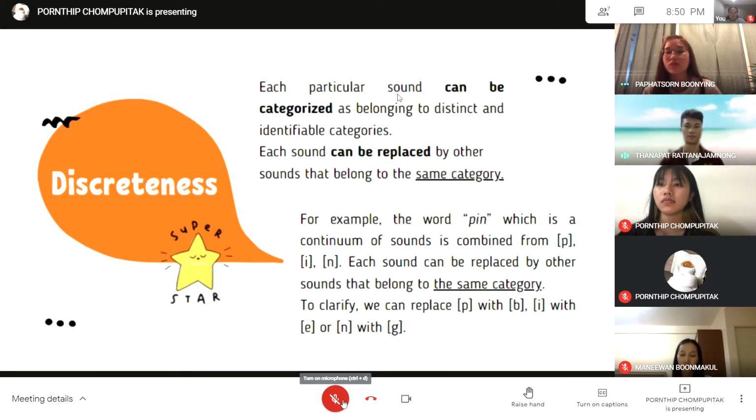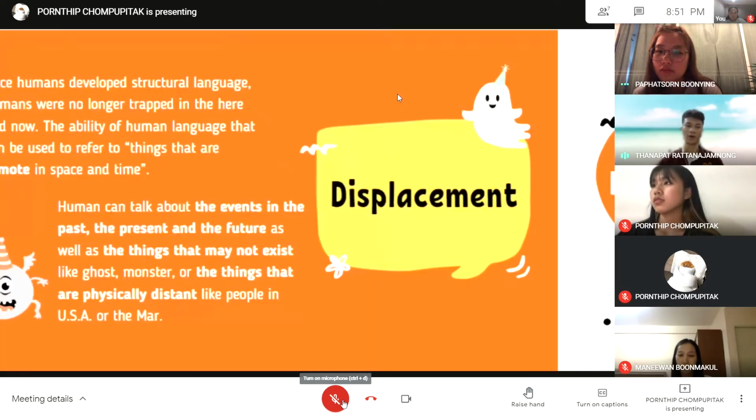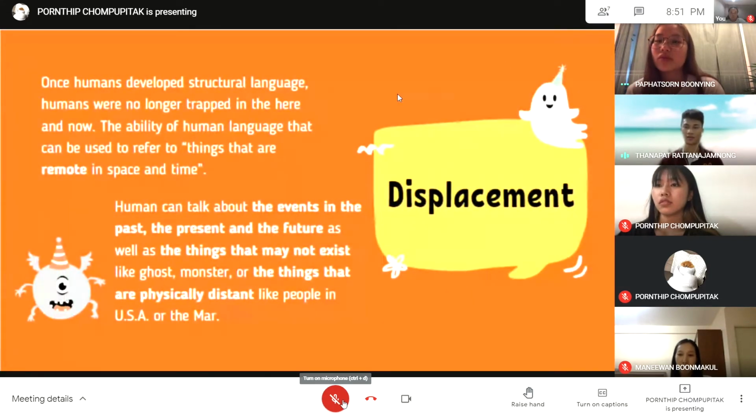For example, the word pin, which is a continuum of sounds, is composed of p, i, n. To clarify, we can replace p with b, i with a, or n with g.